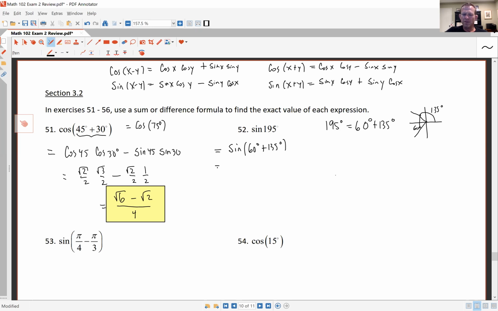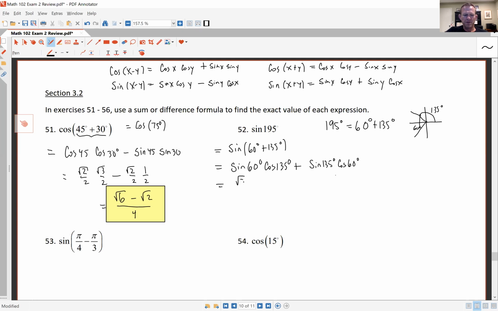All right, so then this is the sine of 60 plus 135. So we've got the sine of the sum. And so we take the sines and we alternate them this time. Sine of 60, cosine of 135, plus the sine of 135 and the cosine of 60.